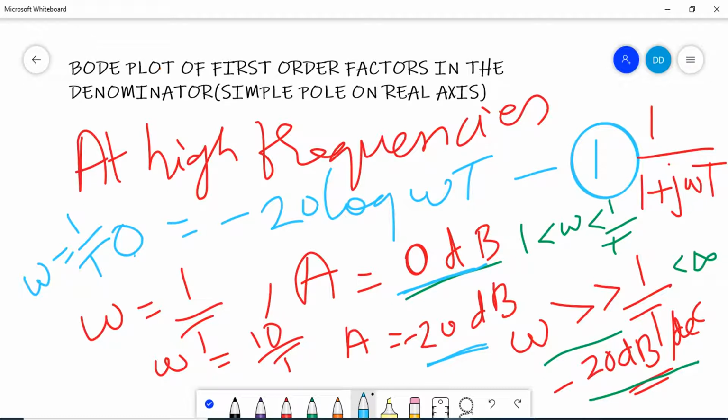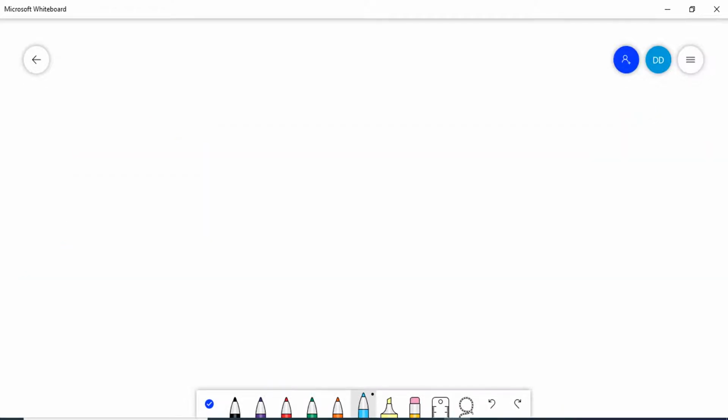The frequency at which the asymptotes meet is called the corner frequency or break frequency. The corner frequency is denoted by omega c equal to 1 by T.